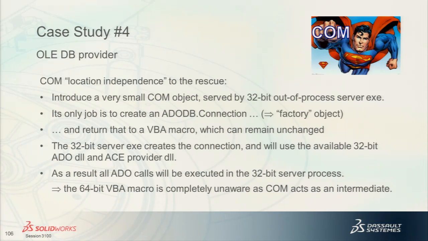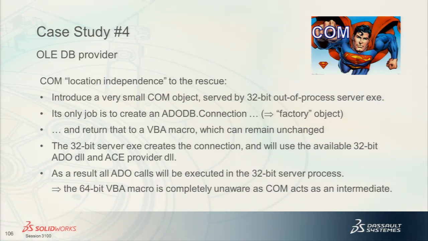And that's why we call it the factory object in our world. The only thing that is a factory, just give me a new object. And it returns that connection object back to your macro, which from there on can be completely left as is. That's the good news. There's nothing else we need to do. Then the 32-bit server with that will actually then create the connection for you, and it will then use all the ADO libraries and your new ACE provider, or the ACE provider.